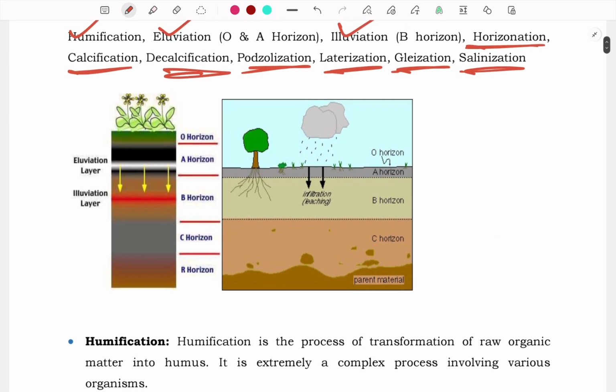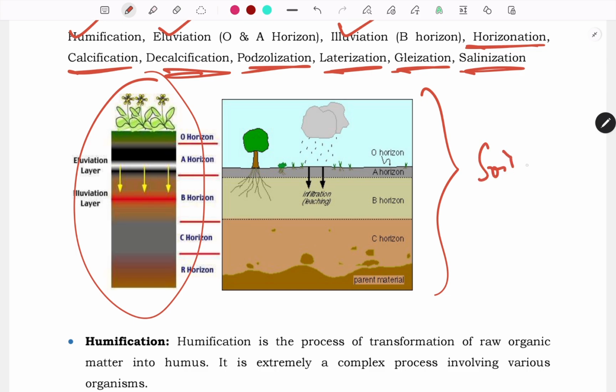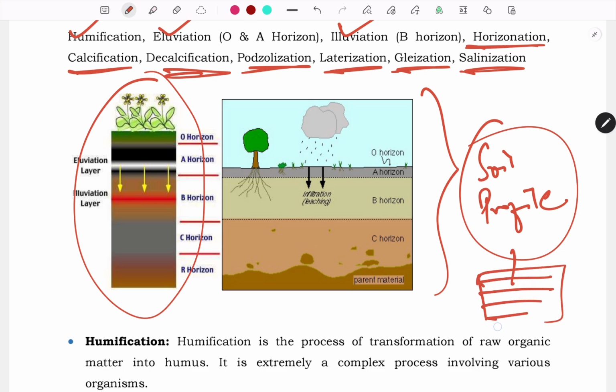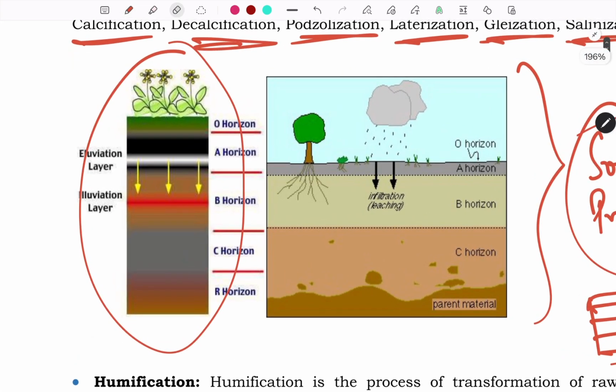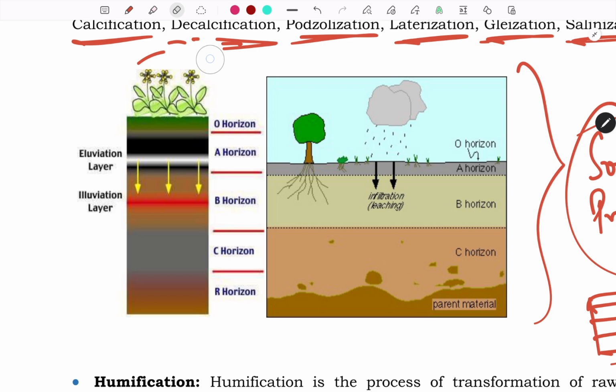See, the first thing is, this is the soil profile. Okay, this is called soil profile. There are various layers in the soil profile. You can see them, and this soil profile we will see in further classes. The main thing I want to stress here is these two layers, eluviation layer and illuviation layer.